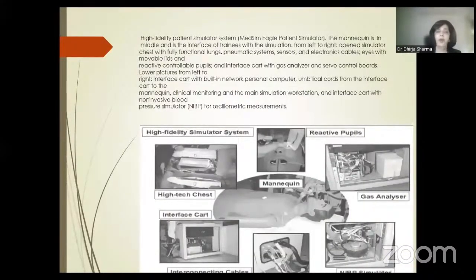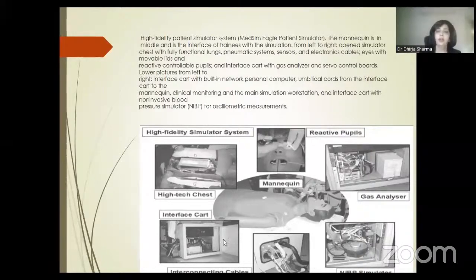Then this is another type of high fidelity simulator system, the Medsim-Eagle system. I'm just sharing it quickly with you. This is the mannequin in the middle, and there's an interface of training from left to right. On the mannequin, we can do intubation. The mannequin has breathing sounds and also produces an auditory reaction.